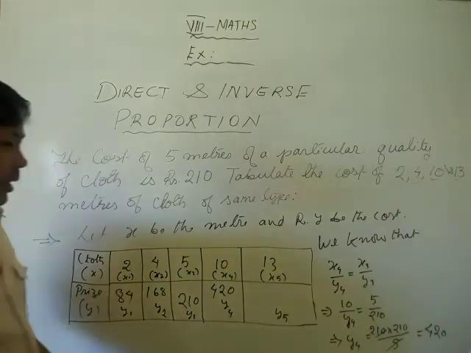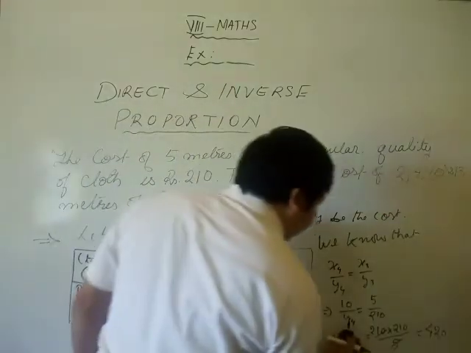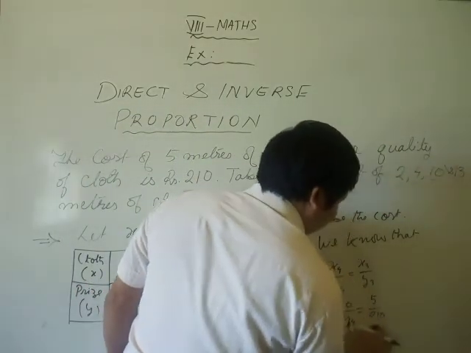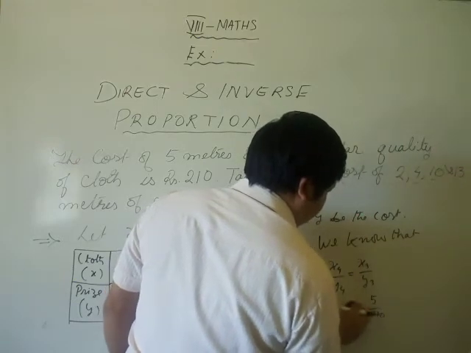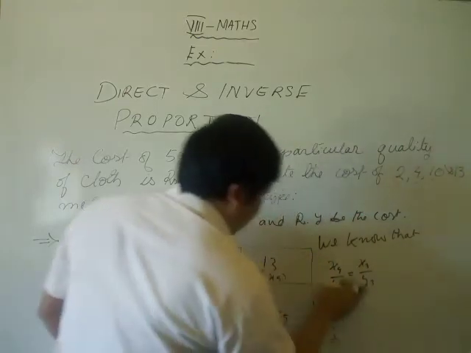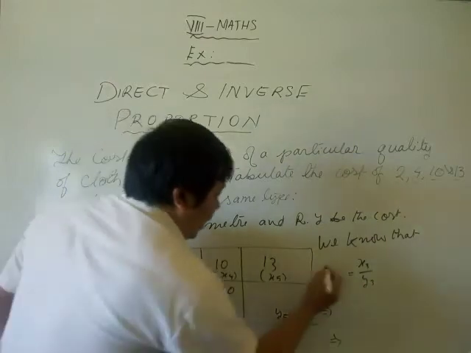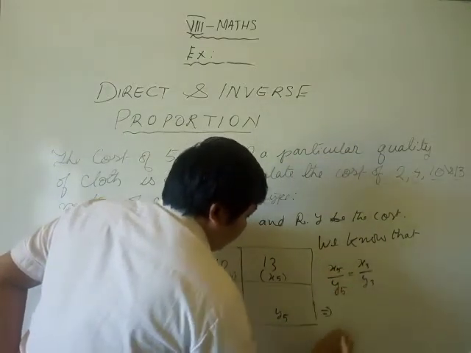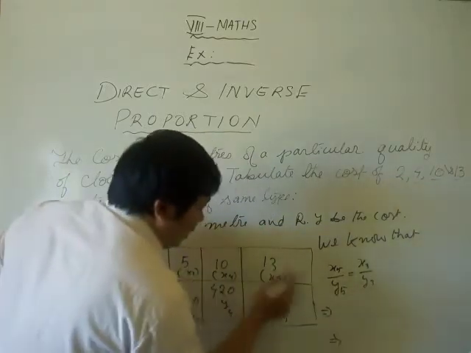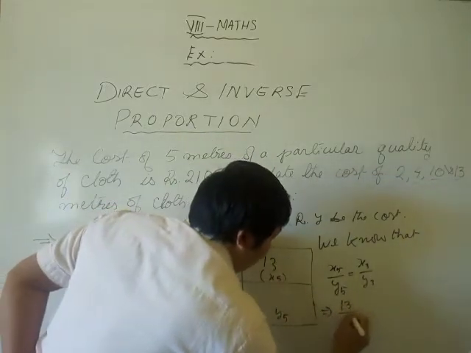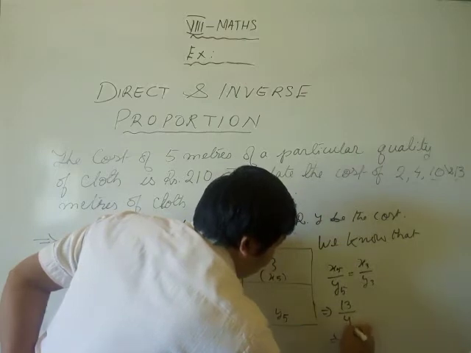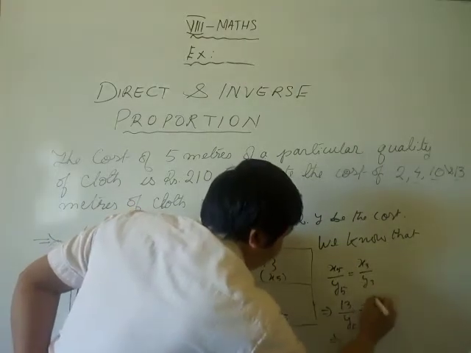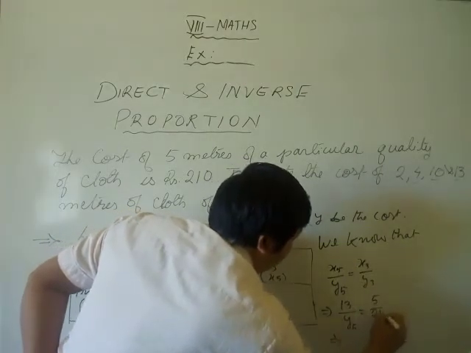Okay. Now next, the last one, let's see. The last one is x5 and y5. So here x5, 13 by y5 is equal to x3, 5 by 210.